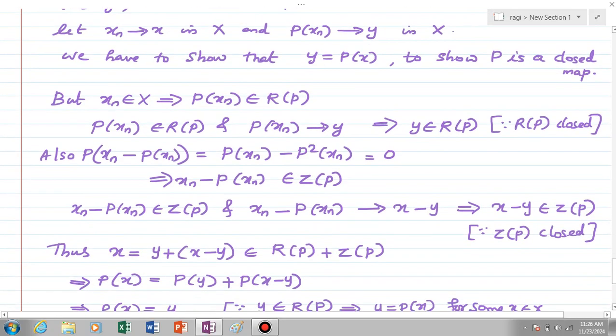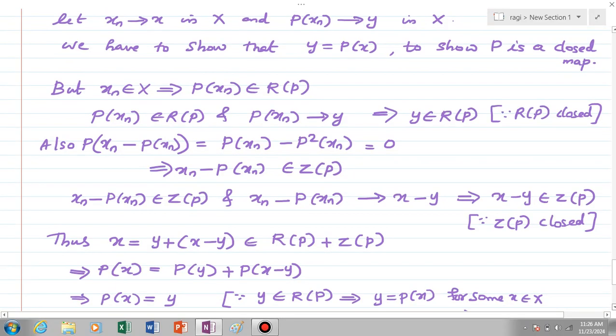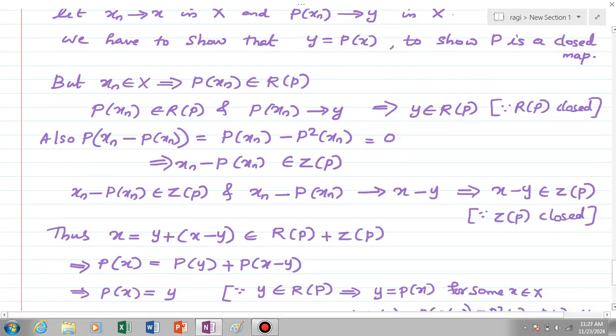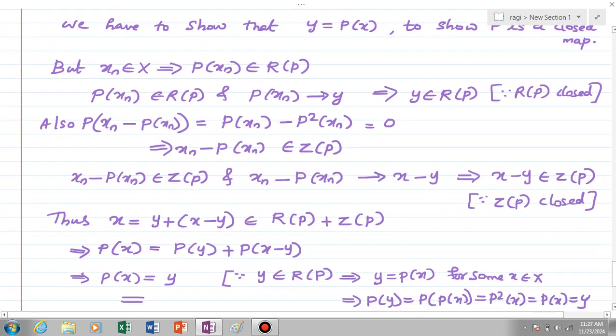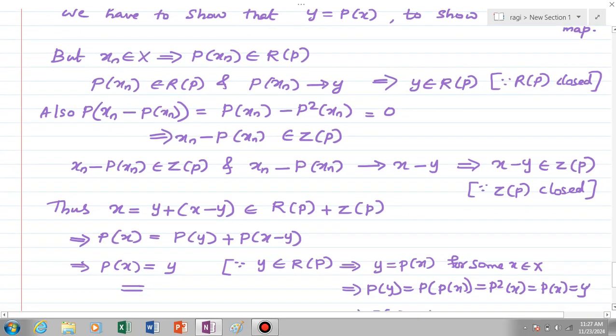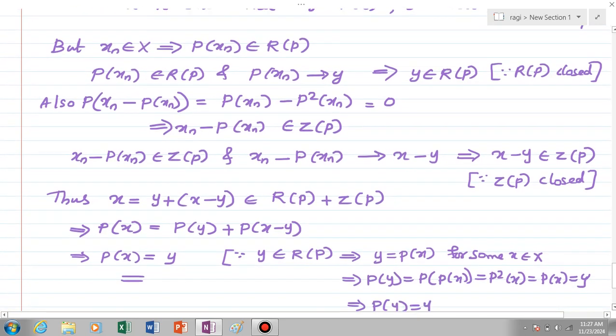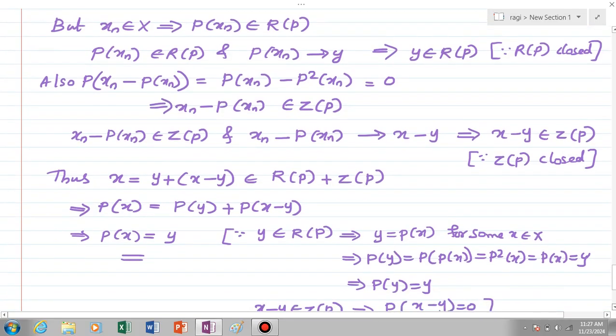Thus x can be written as x is equal to y plus (x minus y), and here y is an element of R(P) and x minus y is an element of Z(P). So x is an element of R(P) plus Z(P). So P(x) is equal to P(y) plus P(x minus y), means P(x) is equal to y because P(y) is equal to y since y is an element of R(P).